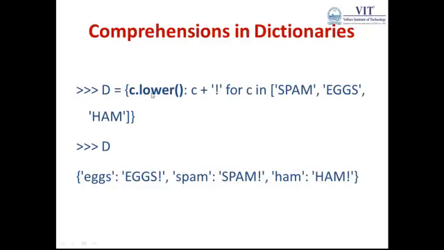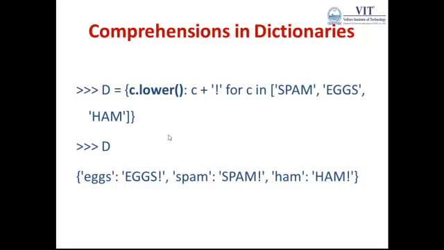Look at it. All the keys are followed with uniform lowercase, and my values come with the same counter plus an exclamation symbol. Since my range has all strings, along with the string it will simply be appended with the exclamation symbol.